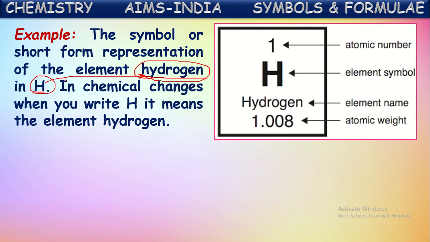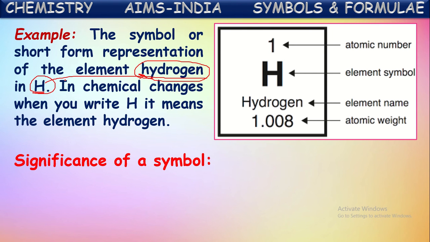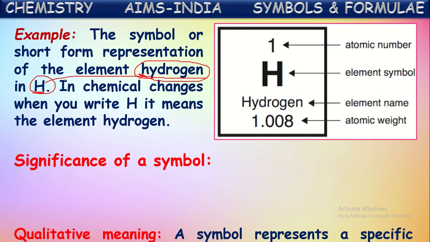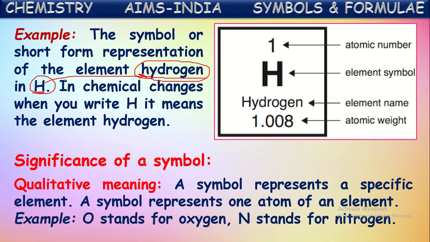Now let us see what the significance of this symbol is. It has two kinds of significance. One is qualitative meaning. A symbol represents a specific element. A symbol also represents one atom of that element. For example, O stands for oxygen, N stands for nitrogen, and H stands for hydrogen.